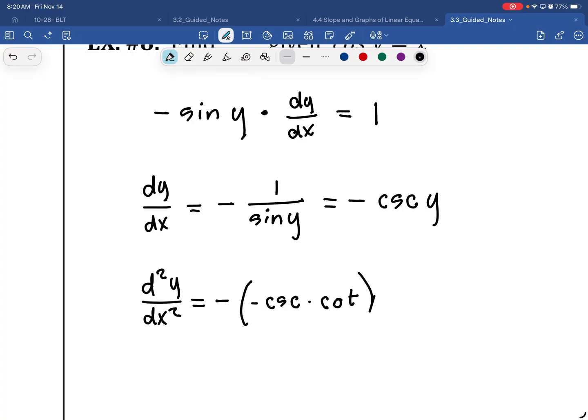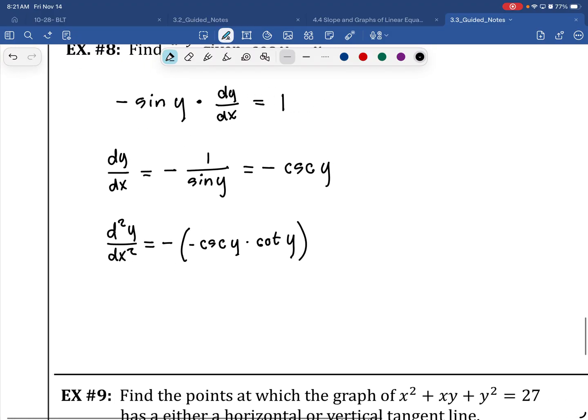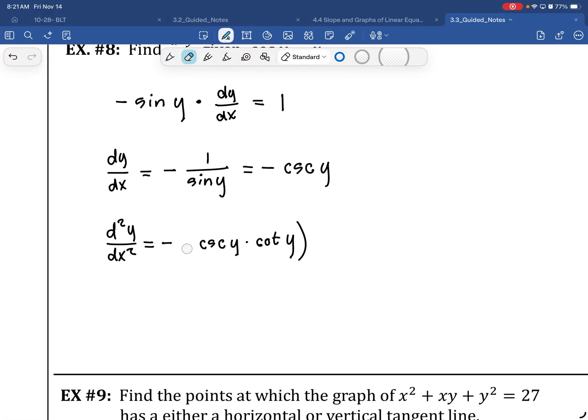Now, don't write it like this. This is wrong. You can't have a trig function without an argument. You have to have the something. You have to have the cosecant of y times cotangent of y. And then when you multiply those two negatives, you get a positive.